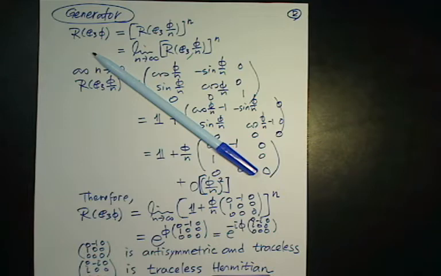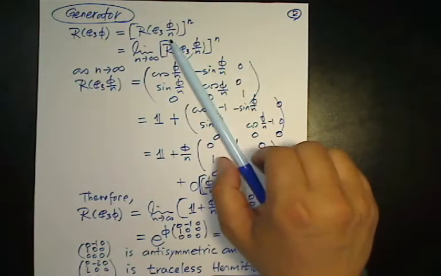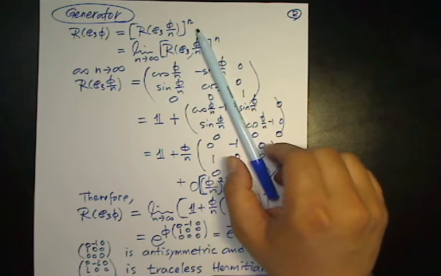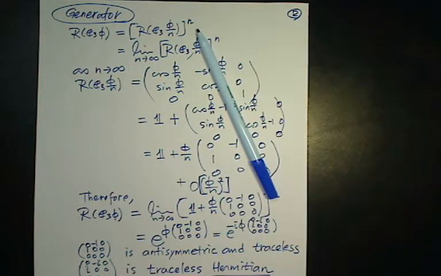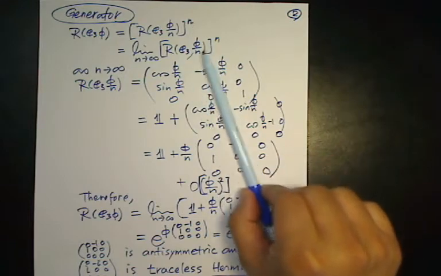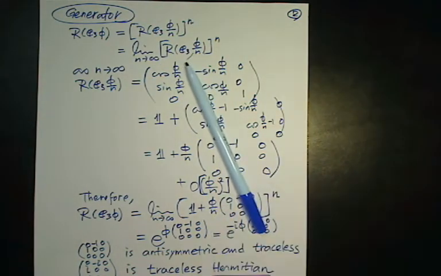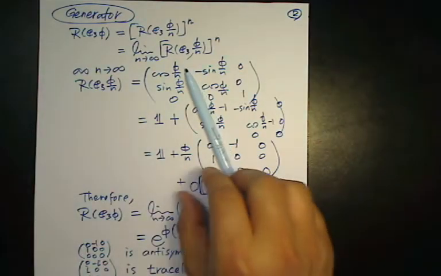Any rotation by a finite angle can be sliced into n equal pieces. So 1/n of this angle, n times. And this is true even in the limit as n goes to infinity. As n goes to infinity, this infinitesimal rotation matrix can be expanded in a very simple form.